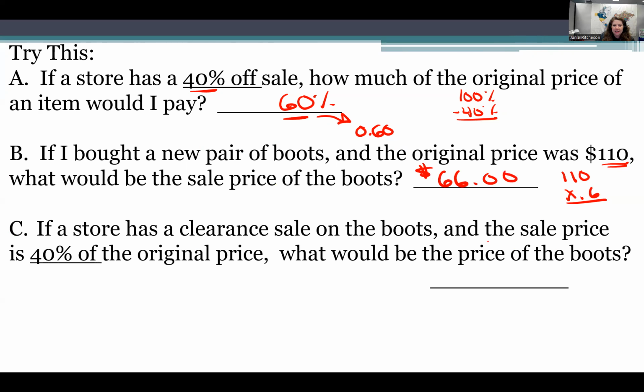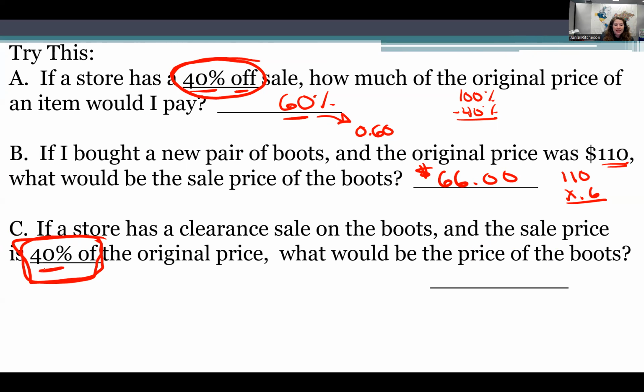That's the sale price. If the store has a clearance sale on the boots and the sale price is 40% of the original price, what would be the price of the boots? Now, this is a little different. They're saying here, I'm going to take 40% off the original price. This one says 40% of the original price.